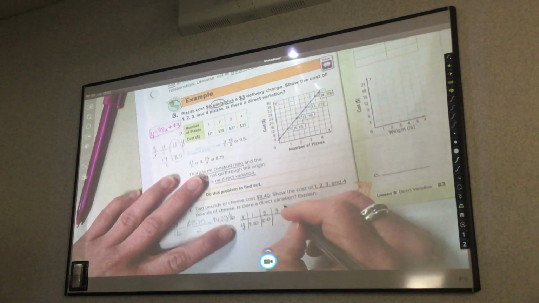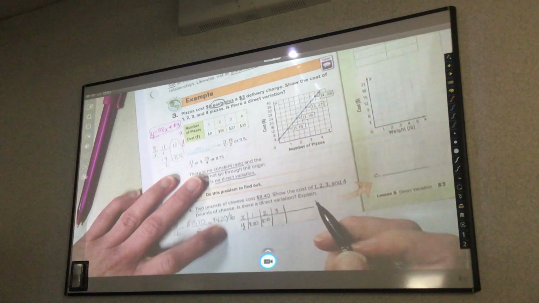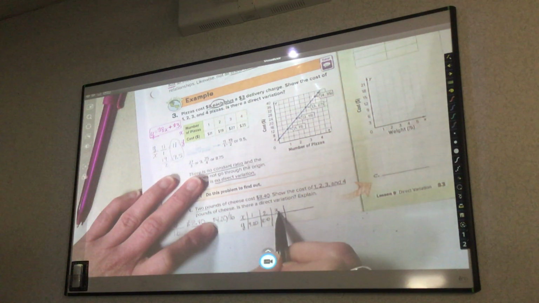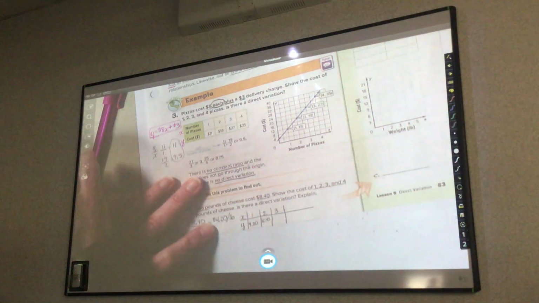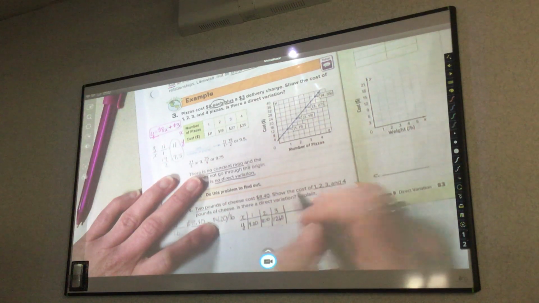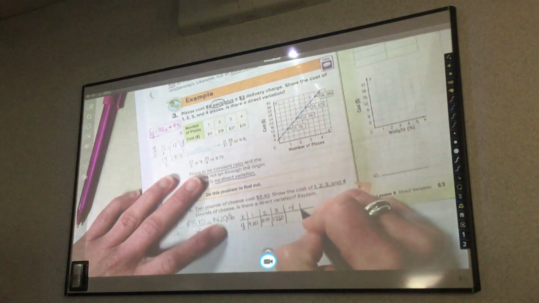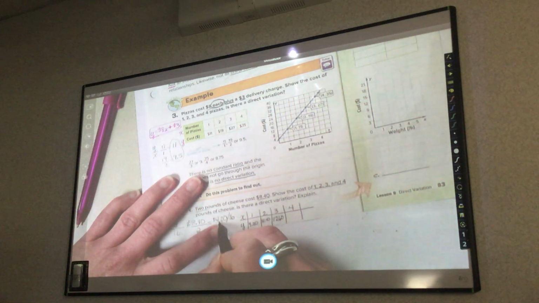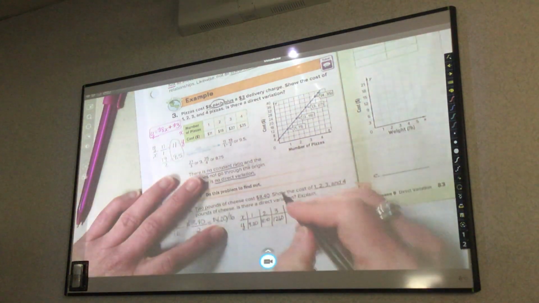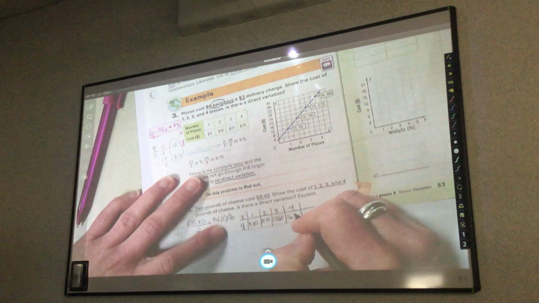For 3 pounds, I take $4.20 times 3, which is $12.60. Then I do it for 4: $4.20 times 4 is $16.80.